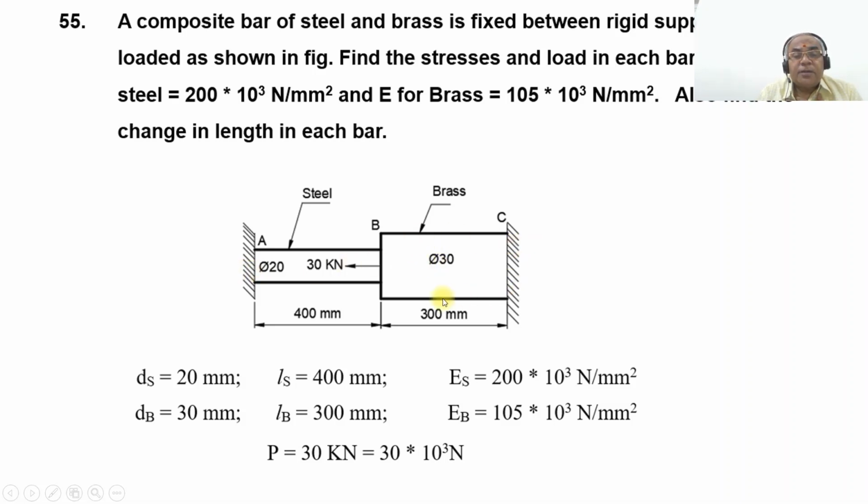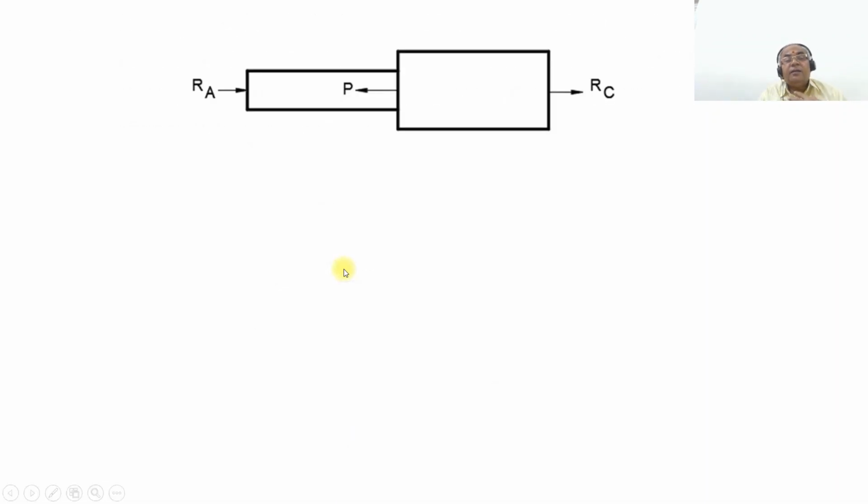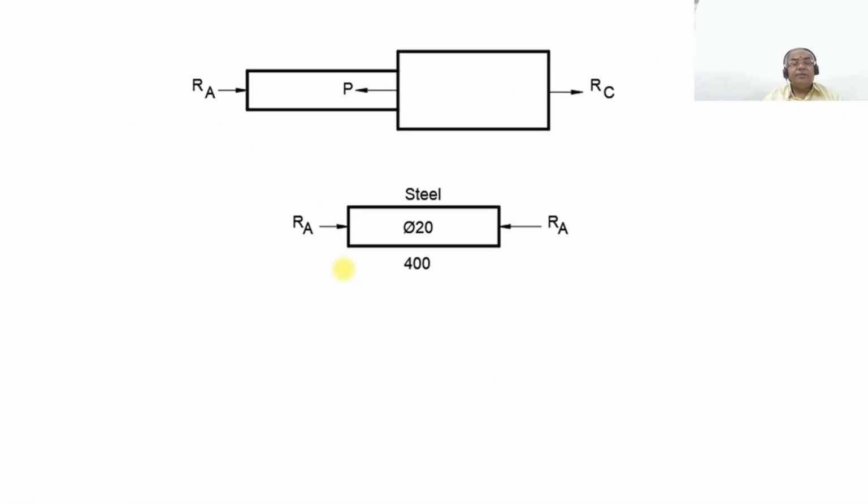Similarly, when you are considering the brass bar, as the load is applied towards the left side, naturally in order to keep the body in equilibrium at the point C, you have an equal and opposite force acting away from the first position. That again becomes tensile, RC. RA and RC. If you are considering the free body diagram of this, here RA will be acting like this, so both are compressive in nature.